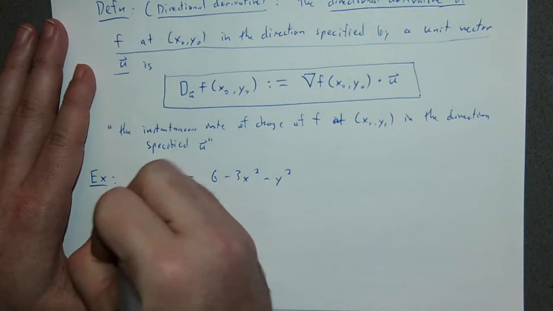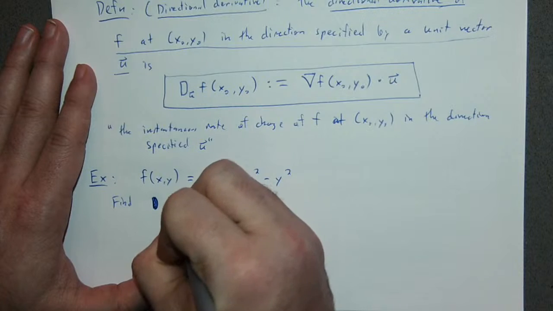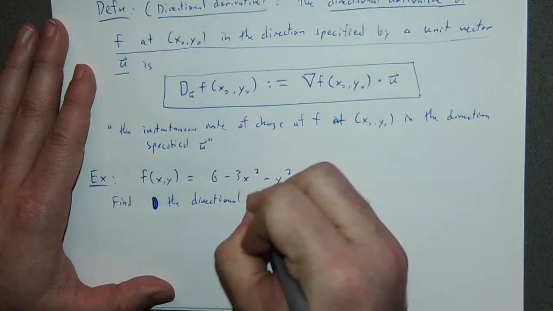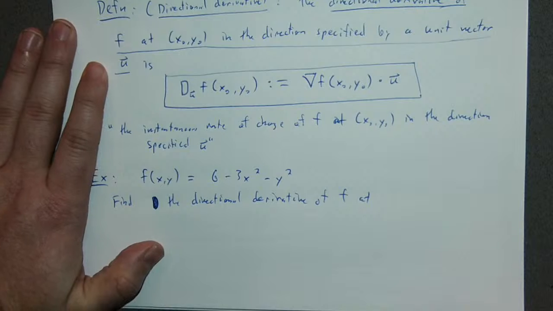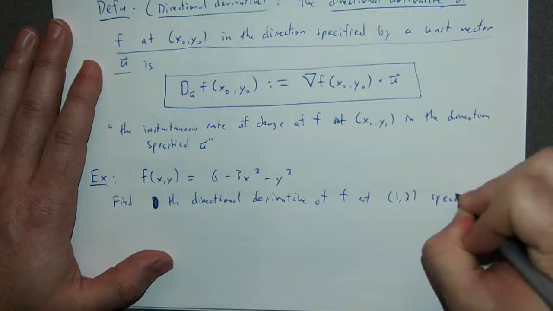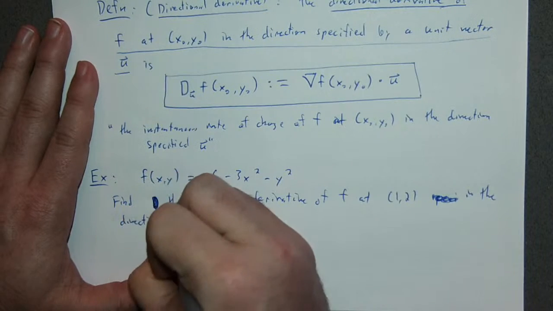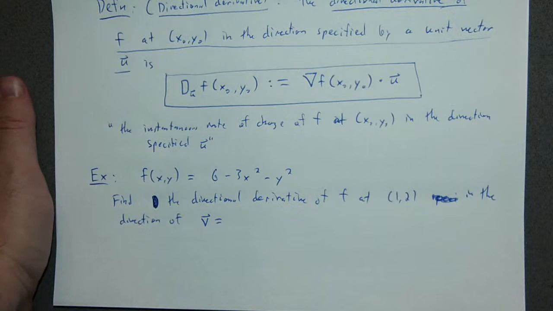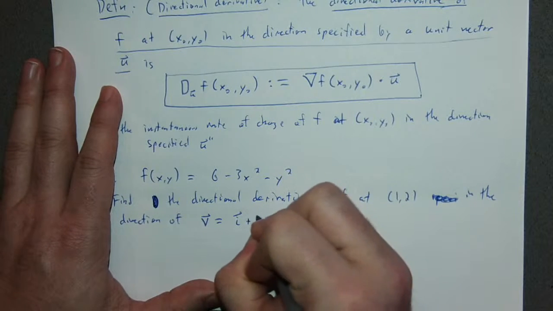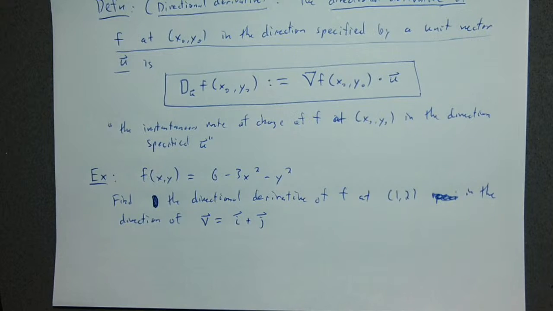And let's find, I'll phrase it like this, the directional derivative of f at (1, 2) in the direction of the vector v, which is i plus j.